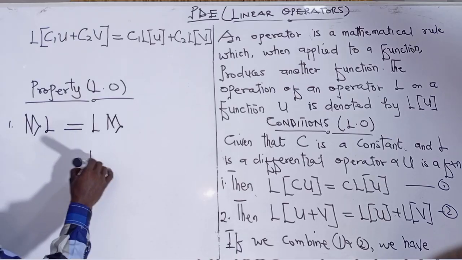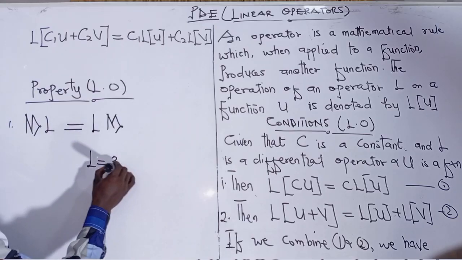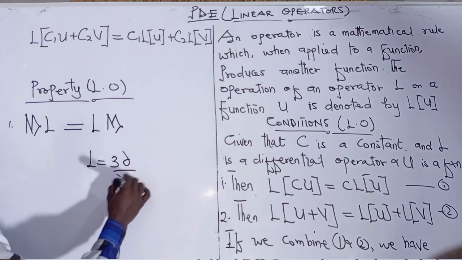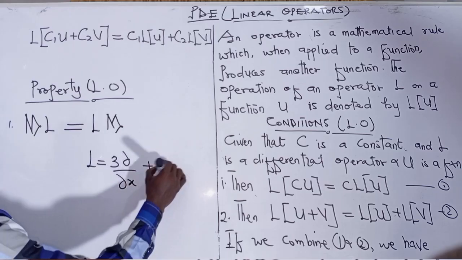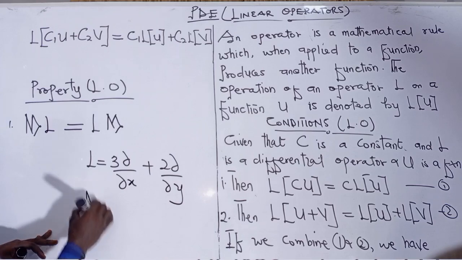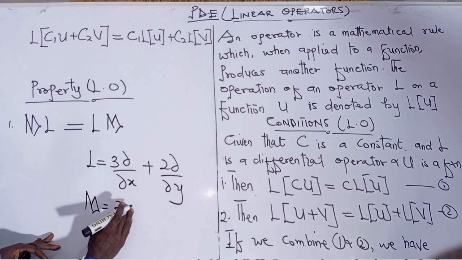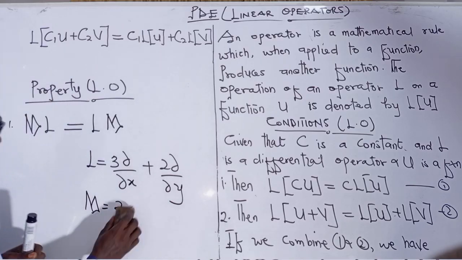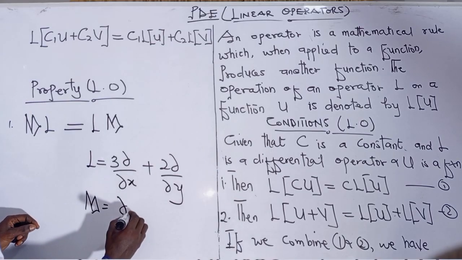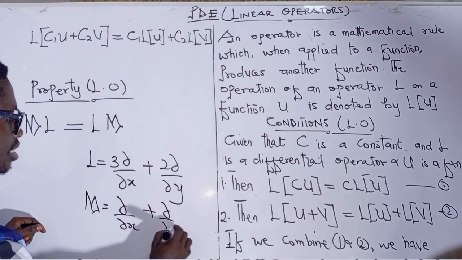So this is what I mean. Let's take it that you have the linear operator L with a constant coefficient. So 3 is a constant, and it is a coefficient of this operator. And then you have another operator, del x plus del y.